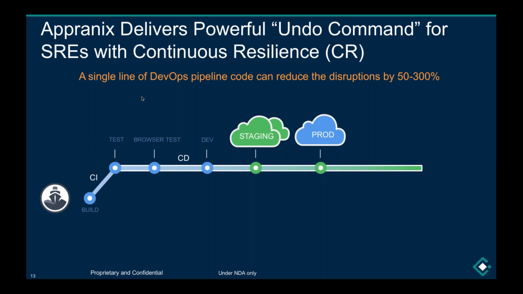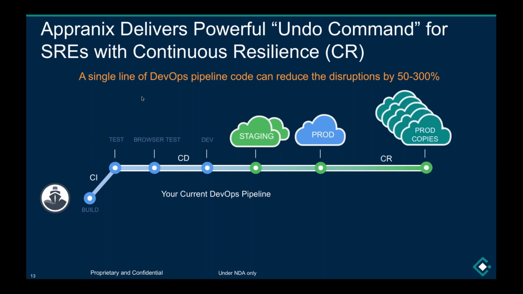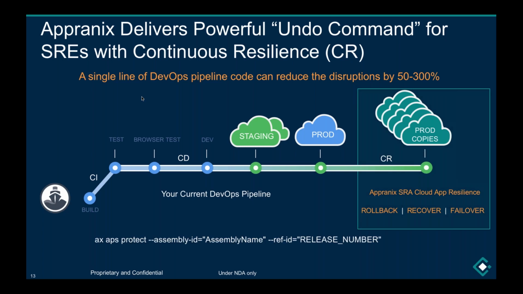Now we come in with a single line, we integrate with your CI/CD and extend that to something called continuous resilience for your applications. So pretty much, by plugging in this one particular line, APS protect your assembly and assembly name, that's it. We track all the release numbers.